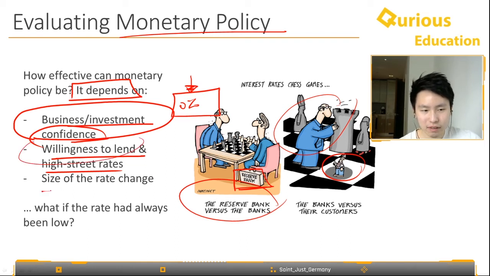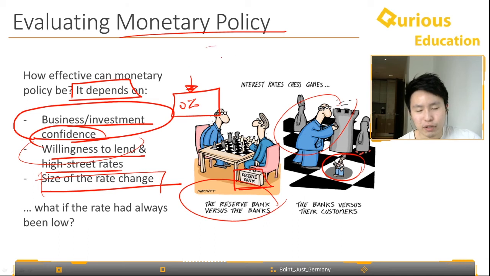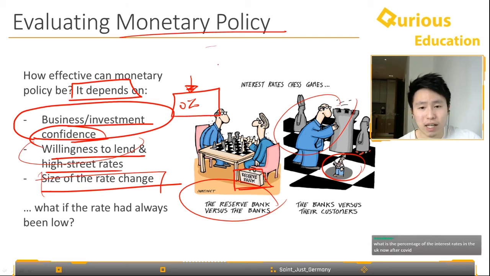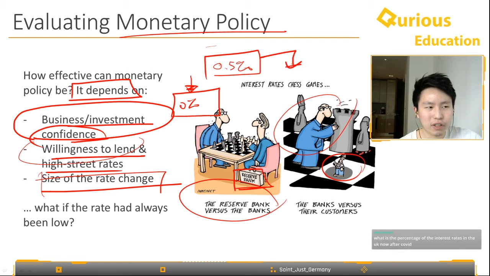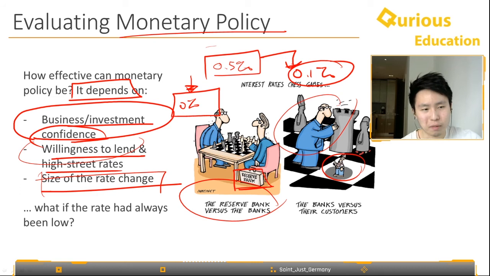And another point would be the size of the rate change. The interest rates of the UK had been very low in the past decade. It was around 0.5% for the last 10 years since the Great Recession, which is kind of crazy. Because of that, since the rate is very low already, if we decrease it even further, say to 0.1%, the impact is very, very low.